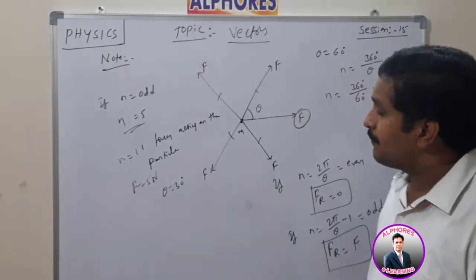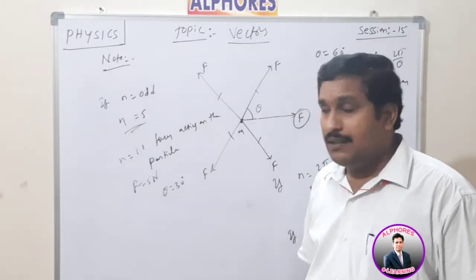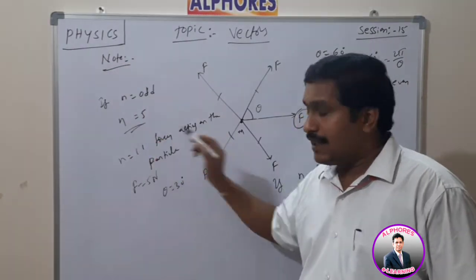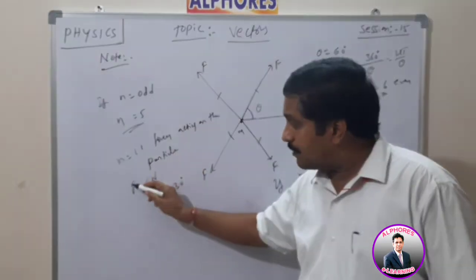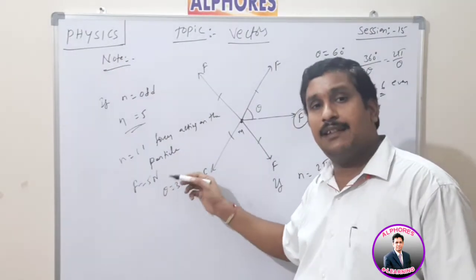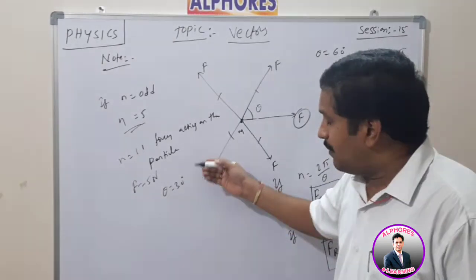Now listen carefully, what is the resultant force acting on the particle due to these 11 forces? Each force has magnitude 5 and makes an angle of 30 degrees with the previous force.